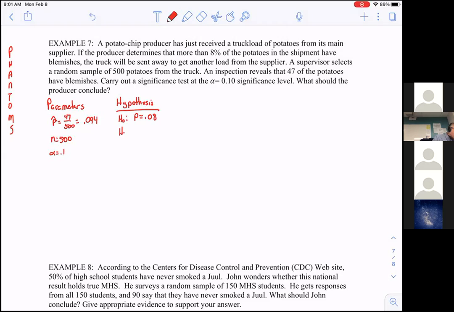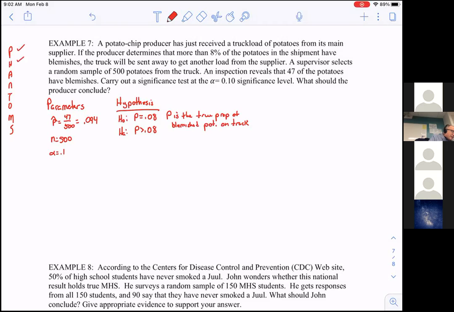My alternate hypothesis: we have to make a decision, and that is that the proportion is going to be greater than 0.08. P is actually the true proportion of blemished potatoes on the truck.